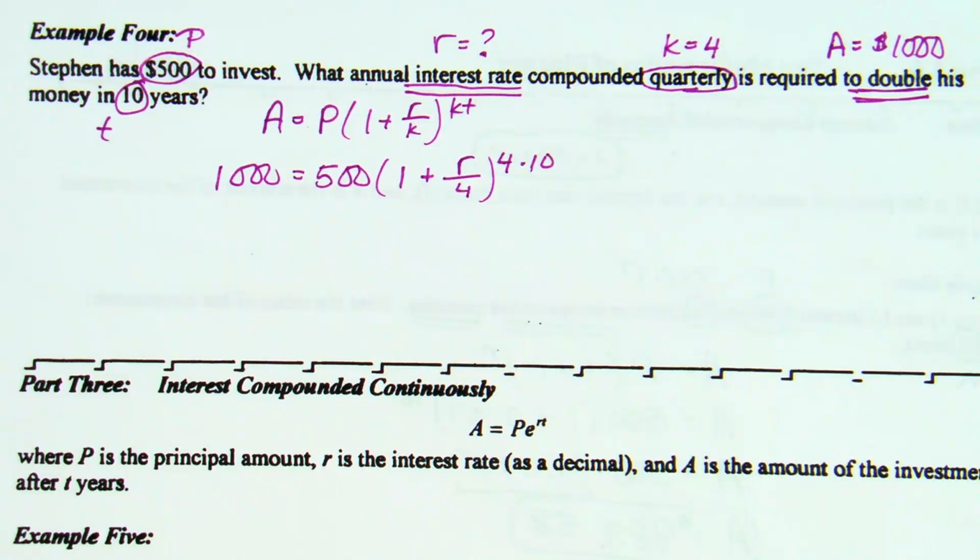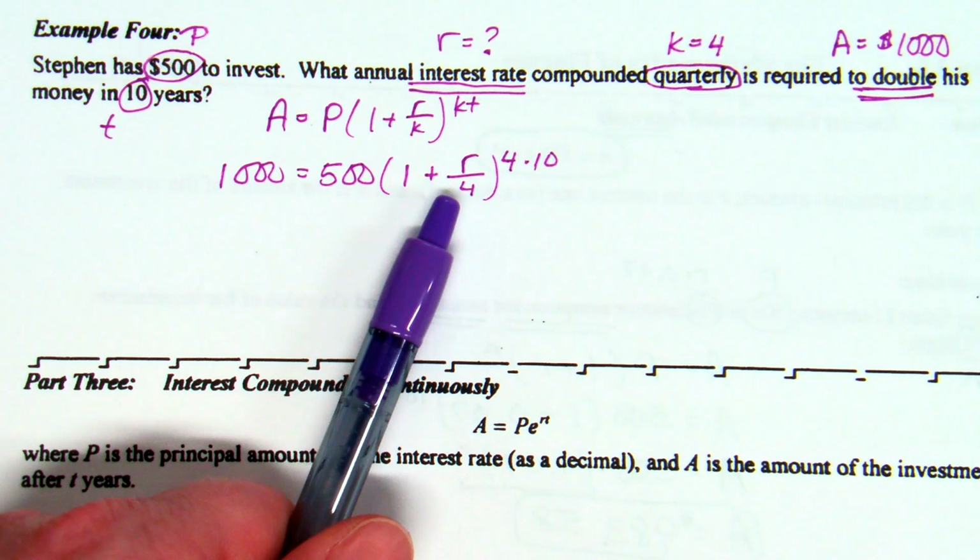Okay, guys. I don't know if we have to do log here. We can't just plug it in. Divide by 500. Okay, I do agree with that. We're working on trying to get R by itself, right?